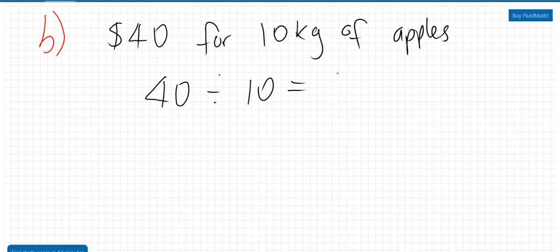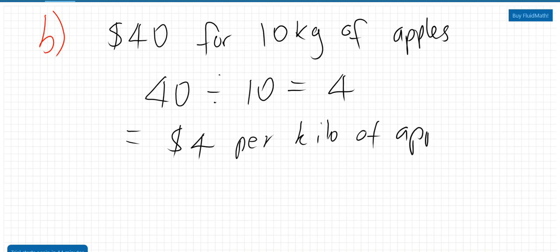So 40 divided by 10 is actually 4. Nice and easy. So it's 4. Therefore, the answer is $4 per kilo of apples. It's good to write a sentence when explaining a real life problem. So $4 per kilo of apples at this store.